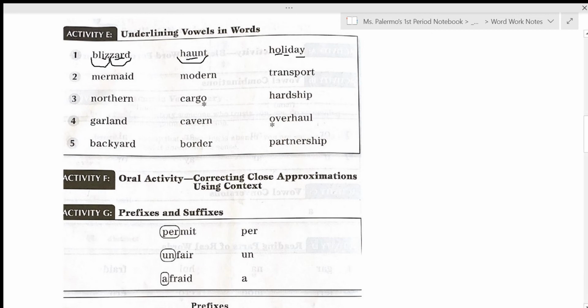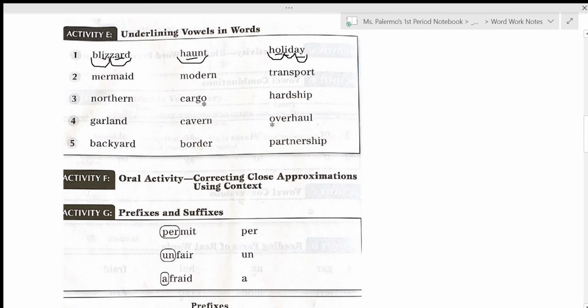So let's do our U's underneath. The first word part, what word part is that? Hall. Second word part, id. Third word part, a. Hall, I, day. The whole word? Holiday.